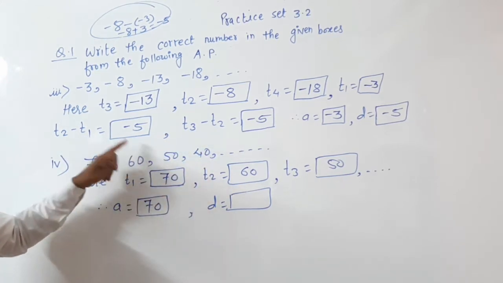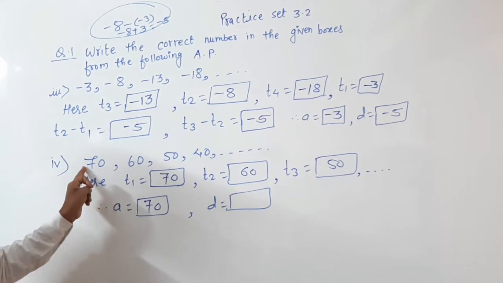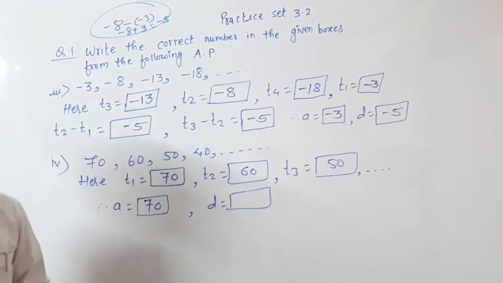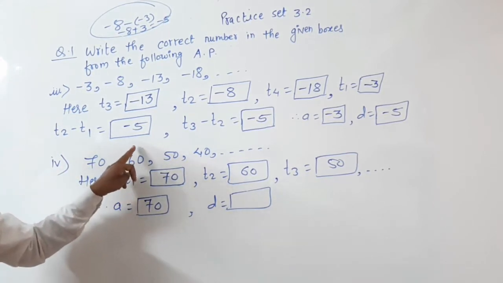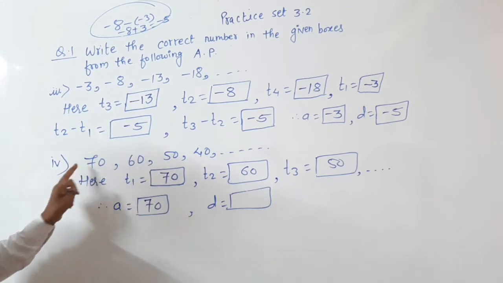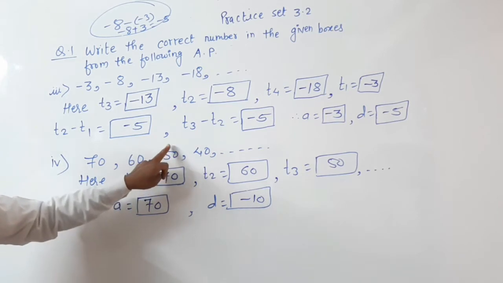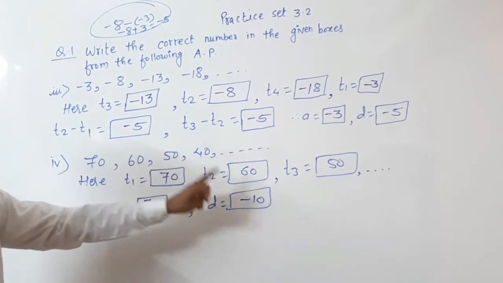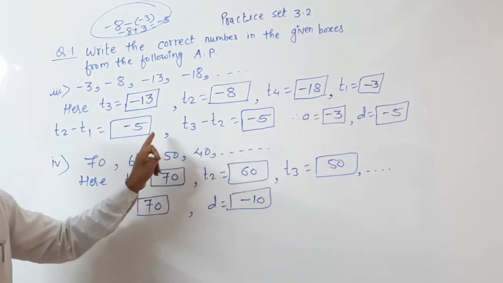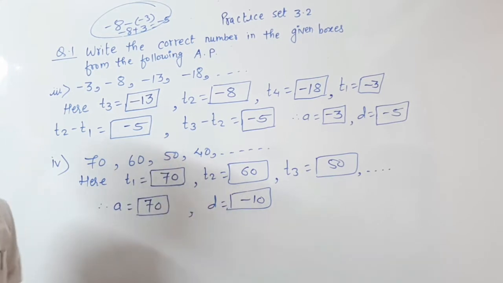So this is 60 minus 70. So plus, minus, minus, and take the greater number's sign. So 60 minus 70 is minus 10. Here also see, 50 minus 60 is minus 10. 40 minus 50 is minus 10.